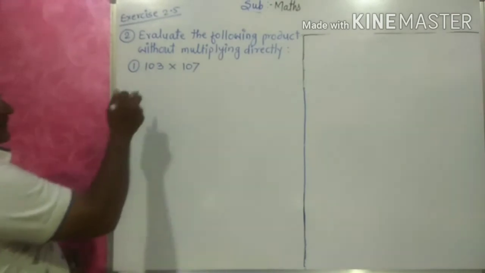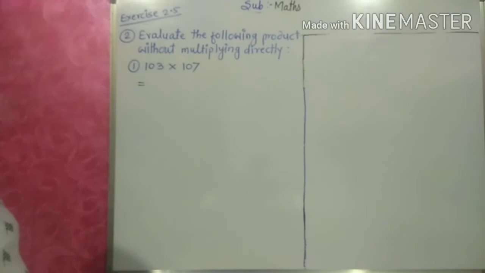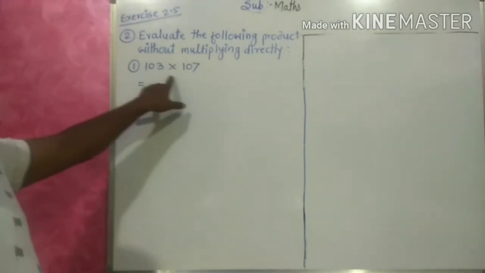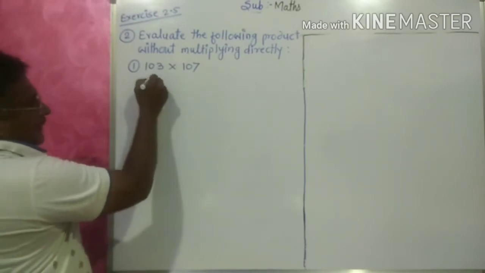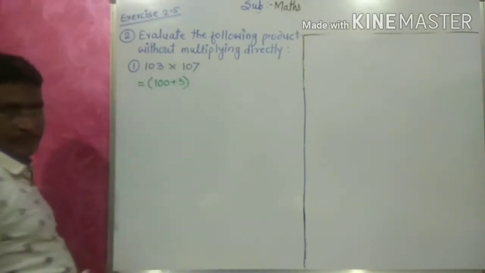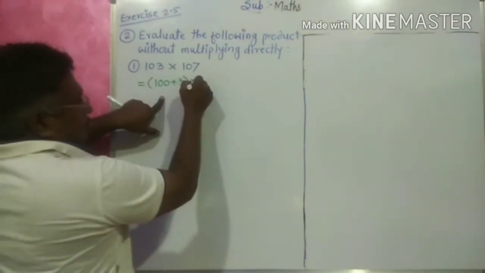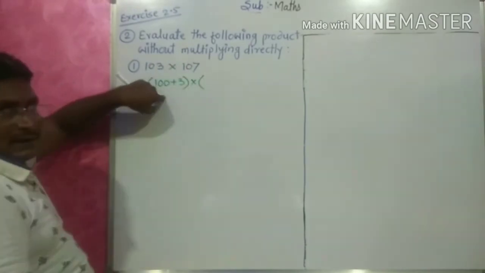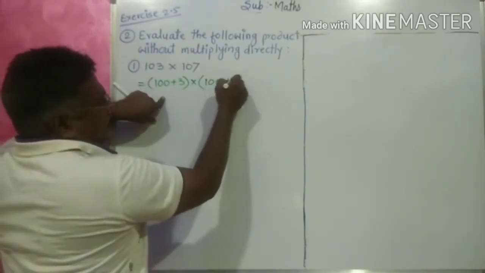Here 103 and 107 are given. So we have to write this in the form of an identity. So 103, how can we write? 100 plus 3. Can we write like this? Yes. Into. How can we write 107? Yes, 100 plus 7.